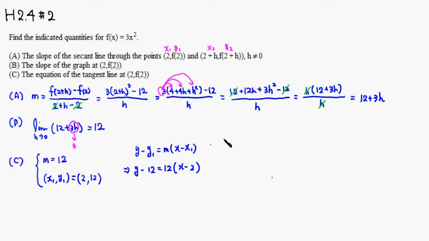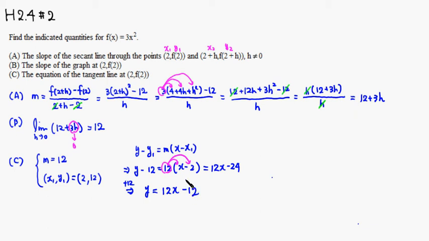If you distribute 12 to x and the negative 2, we end up with 12x minus 24. Then we can just add 12 so that we can isolate y. So you have 12x minus 12.